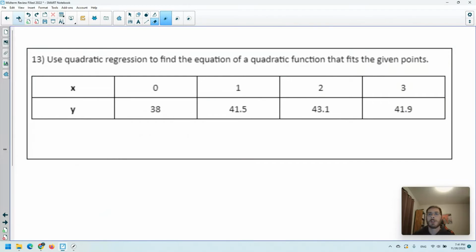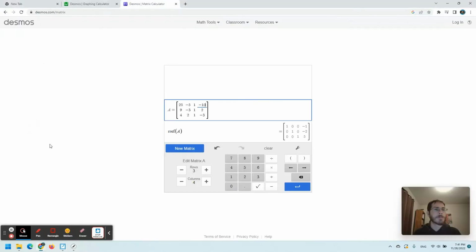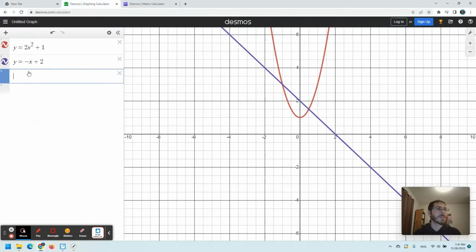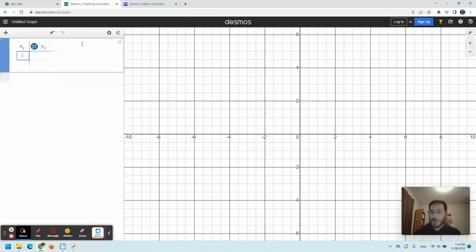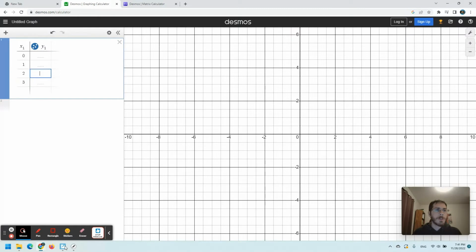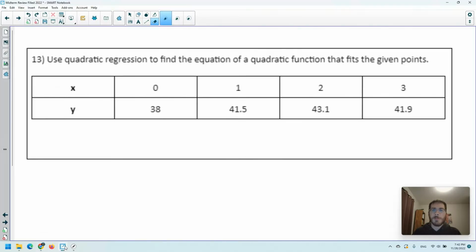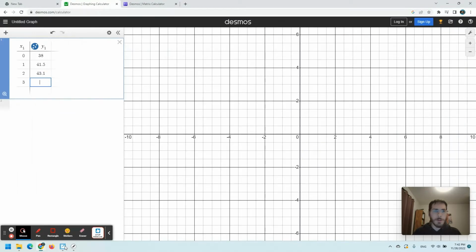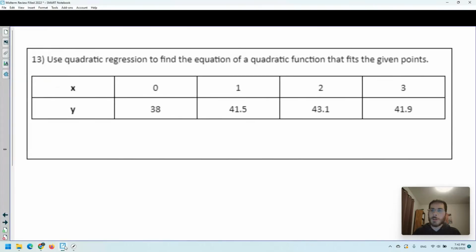For 13, use quadratic regression. Just throw it in the calculator. So let's make the table. 0, 1, 2, 3. 38, 41.5, 43.1, 41.9.